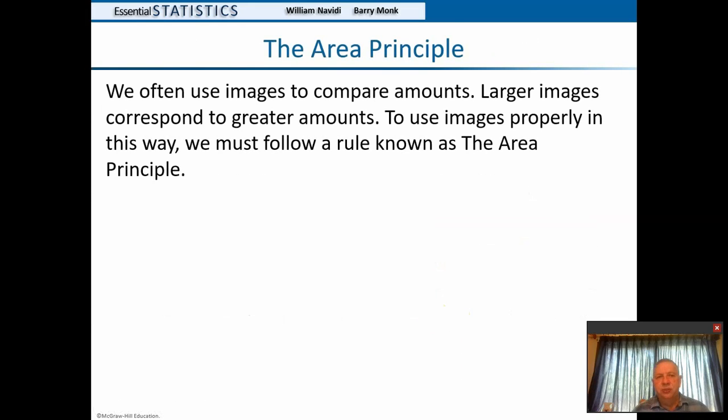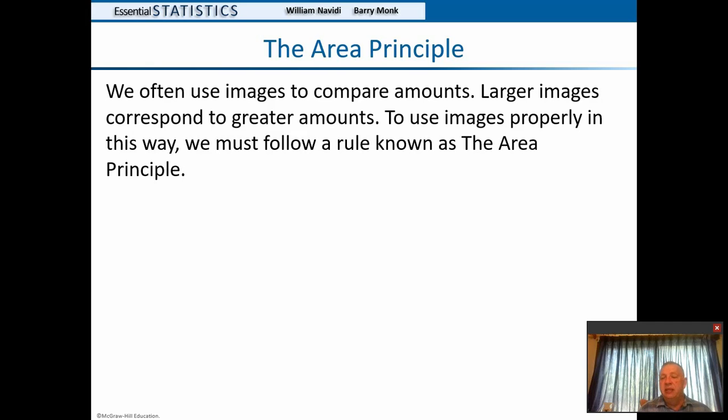So the area principle. You've seen forever that images are used to represent amounts as well. Larger images correspond to greater amounts. So to use images properly in this way, we must follow a rule known as the area principle. You may have seen this in geography a lot, where they represent, let's say each car was 10,000, so you may have 3 cars to represent 30,000.